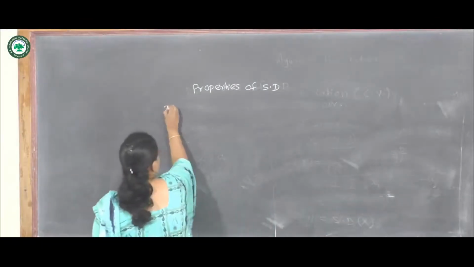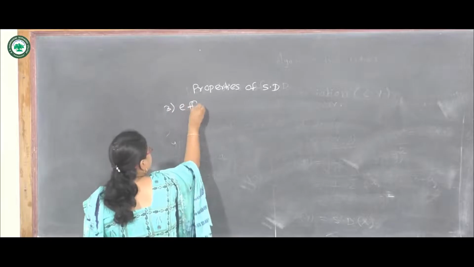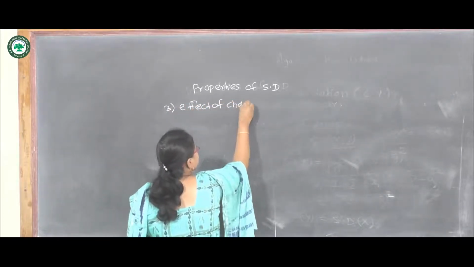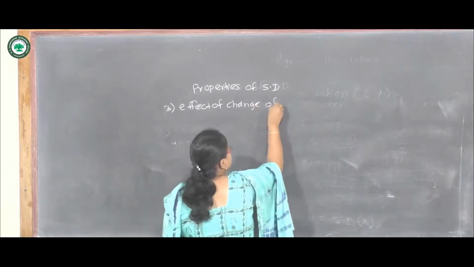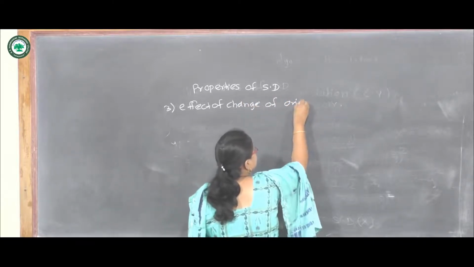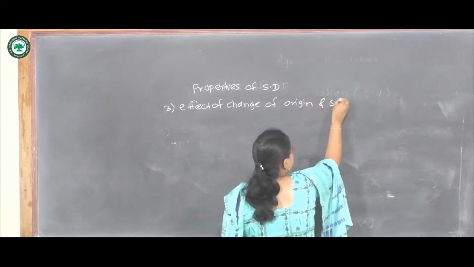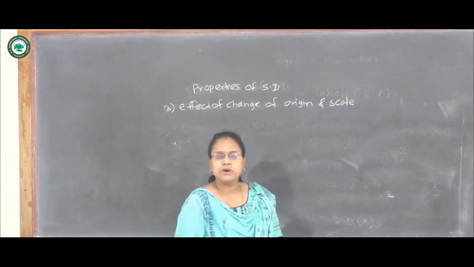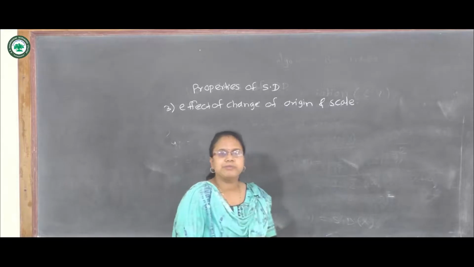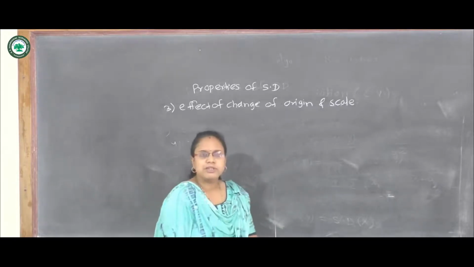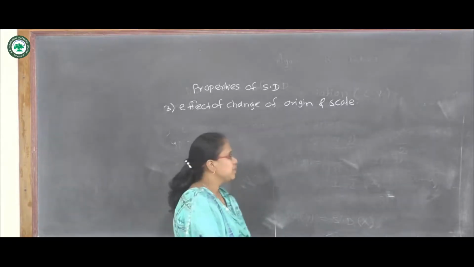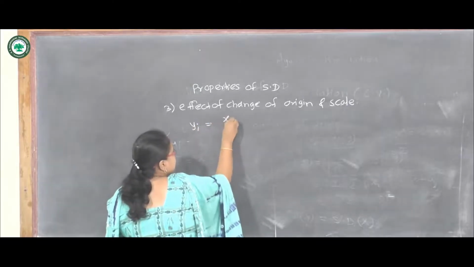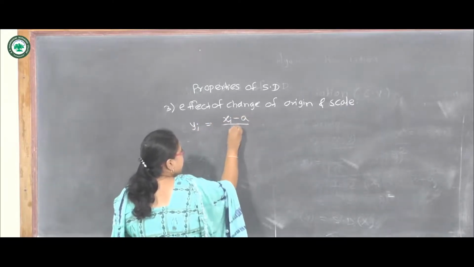So the next property is the effect of change of origin and scale. Suppose x1, x2, and so on are the data; we will see it for ungrouped data. Then suppose yi equals (xi minus a) upon h.